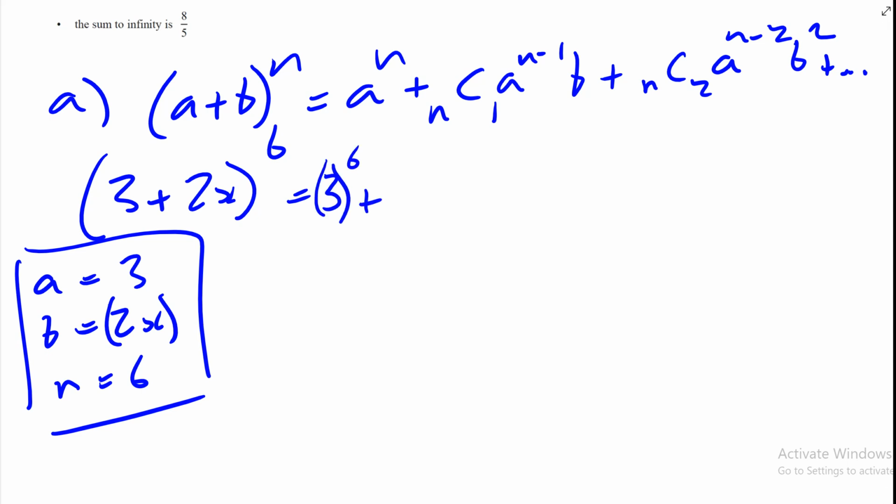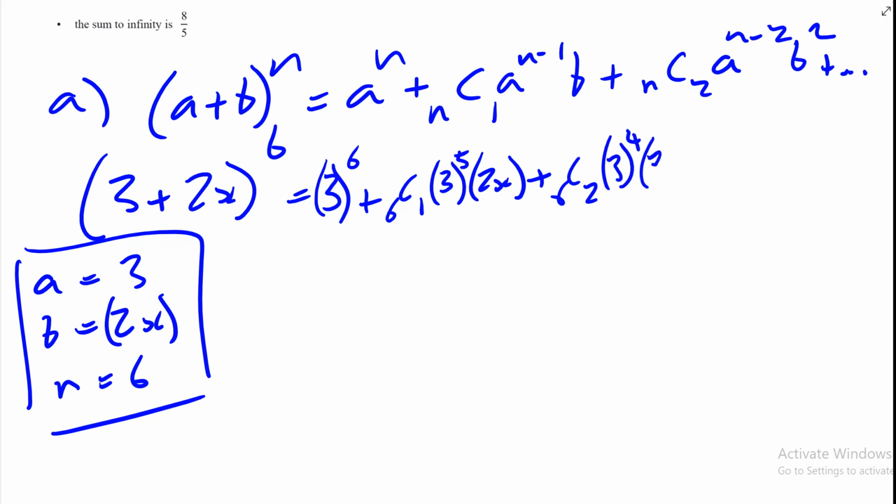So if we whack that all into the formula above, we're going to get 3 to the power of 6 plus 6 choose 1, 3 to the power of 5 times 2x, plus 6 choose 2, 3 to the power of 4, (2x) squared, plus 6 choose 3, 3 cubed, (2x) cubed.